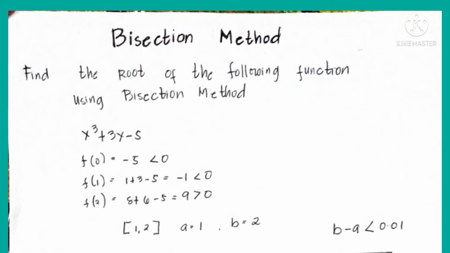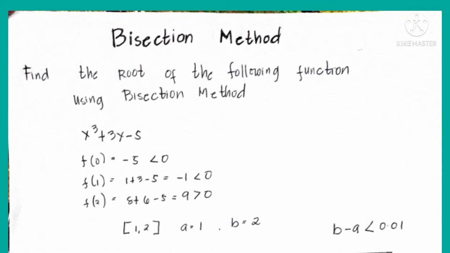Bisection method. Find the root of the given function, which is x cubed plus 3x minus 5. First, we will find the interval by substituting 0 into the function, and f of 0 is equal to negative 5. Negative 5 is less than 0.